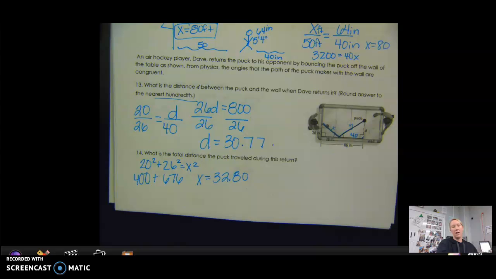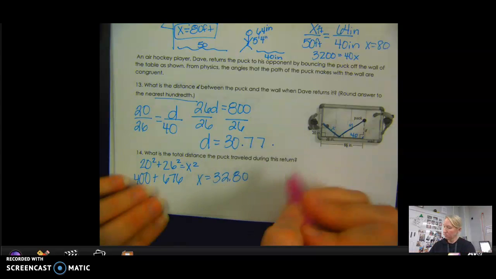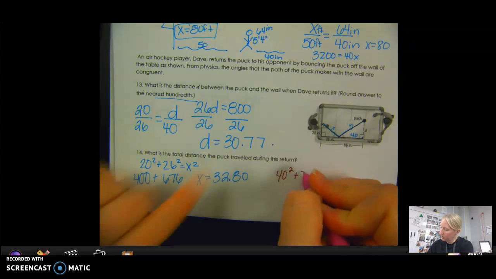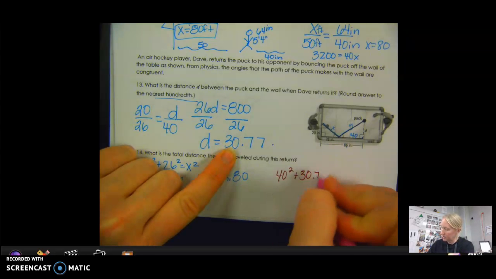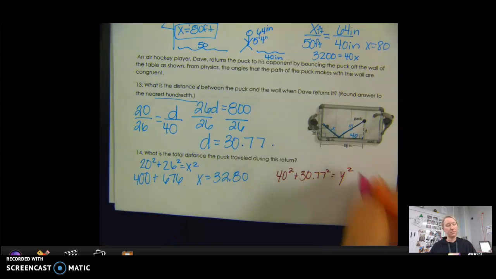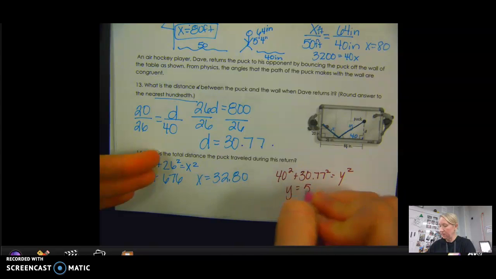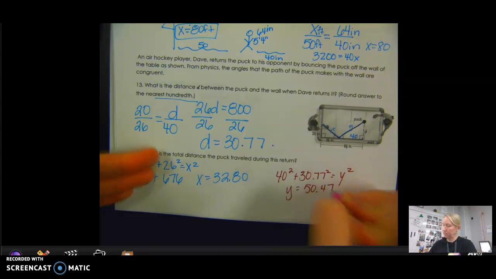Okay? I'm going to do the same thing for y. I'm going to do 40 squared plus 30.77 squared equals y squared. So 40 squared plus 30.77 squared gives me a number about 2,546, and then I'm going to square root that answer, and I get y is 50.47, rounded correctly.